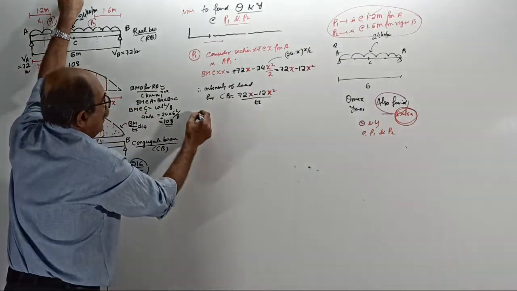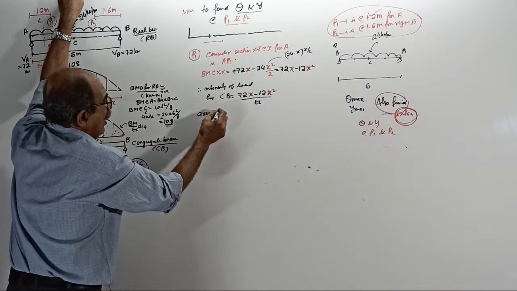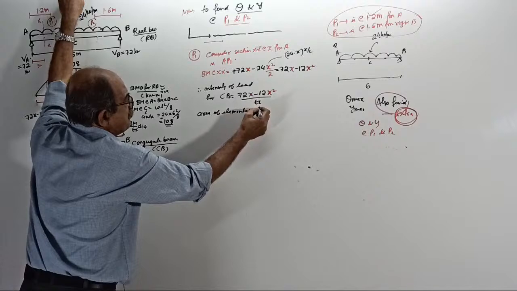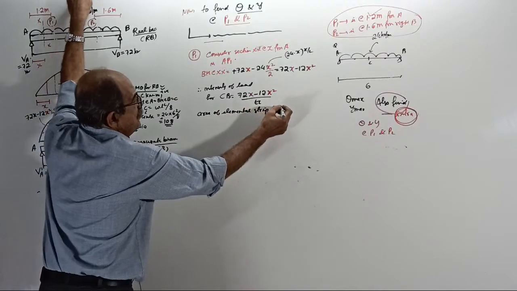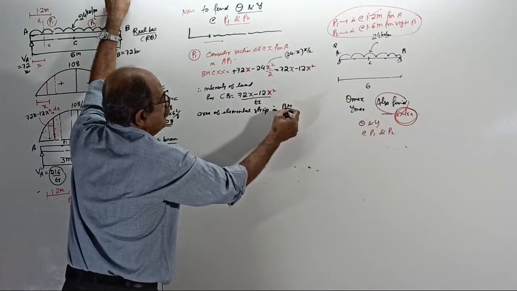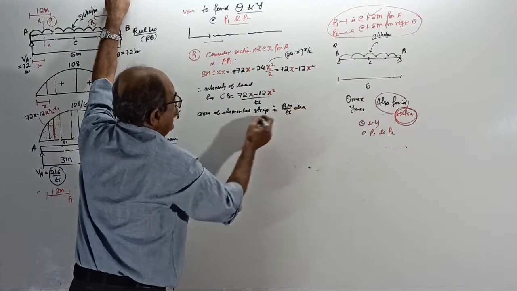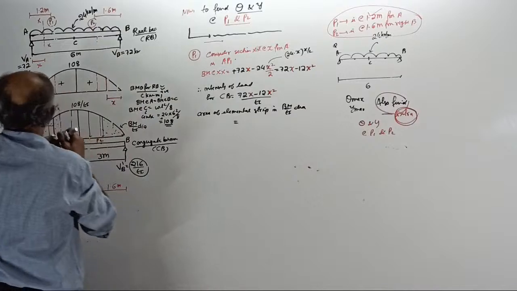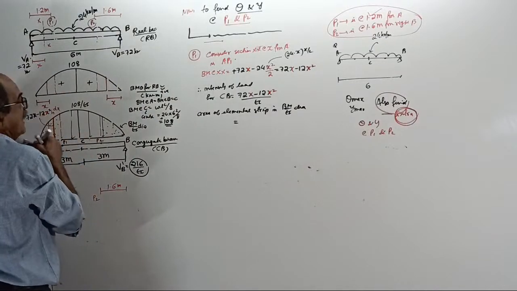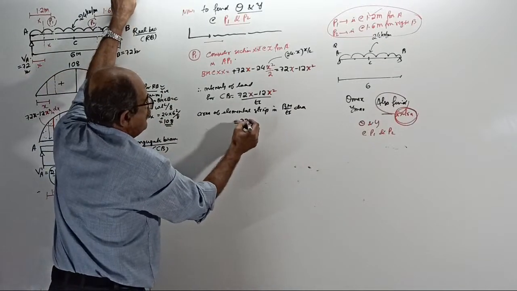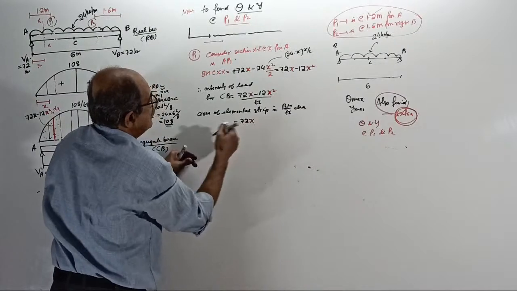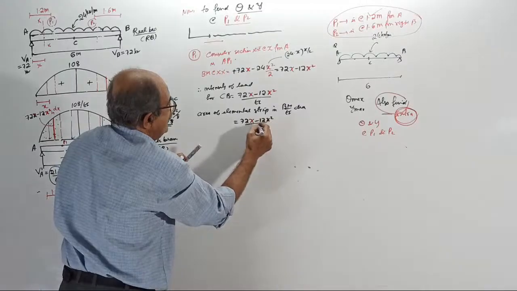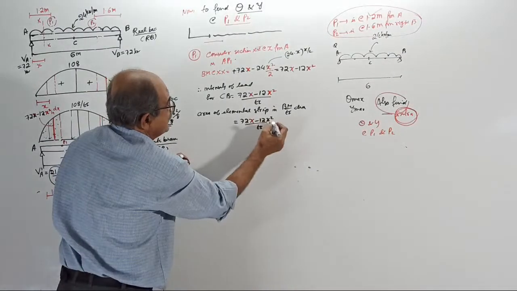Therefore, write the area of the elemental strip in the BM by EI diagram, equal to this ordinate, which is 72x minus 12x square by EI, into dx.